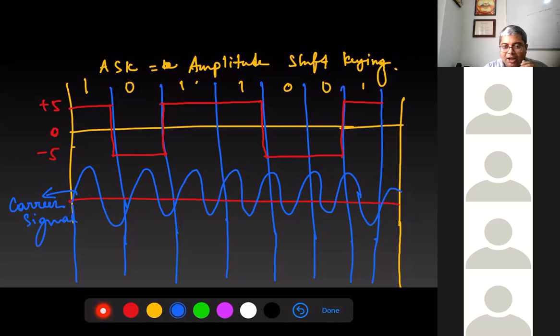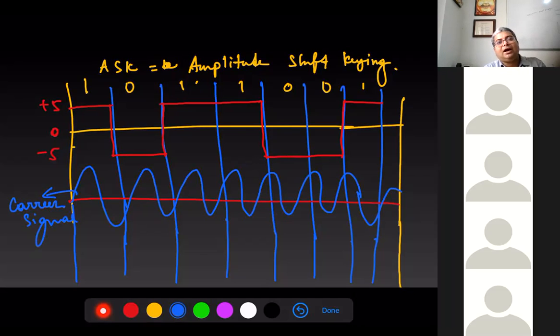If in the digital signal it is 1, that means plus 5 voltage, in that case I will pass the amplitude as it is. If it is 0 or minus 5 voltage, in that case I will stop passing the amplitude.